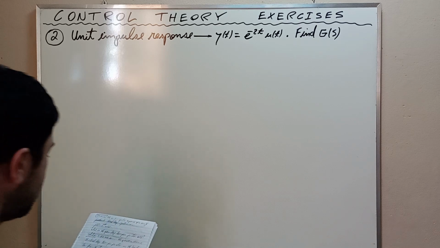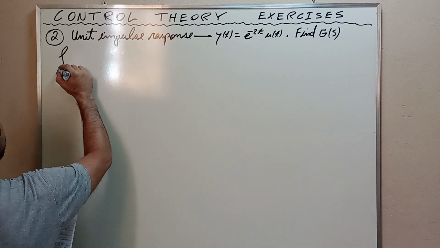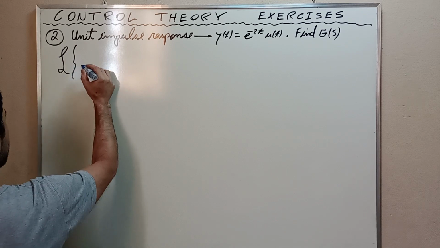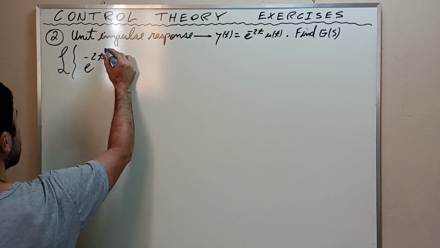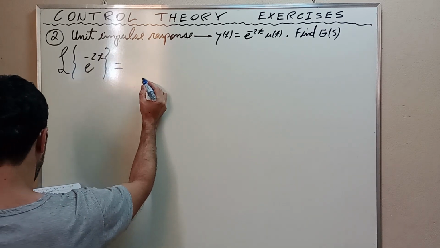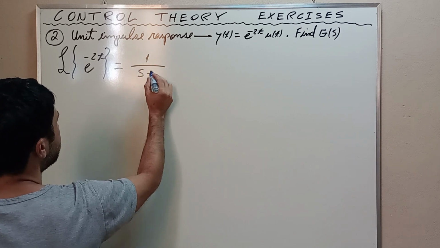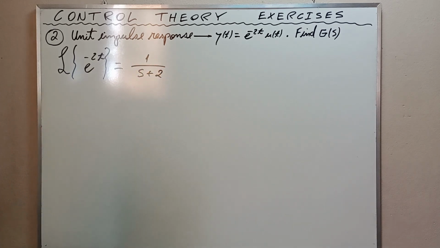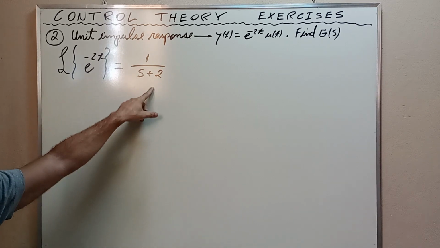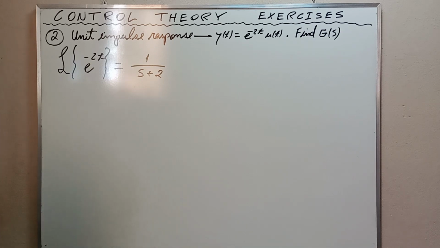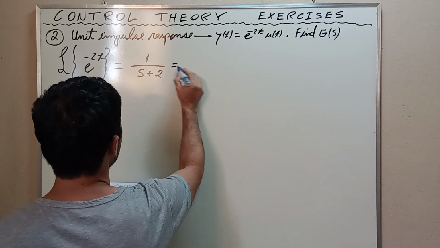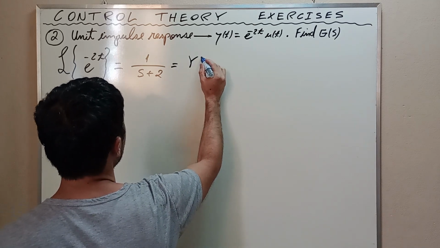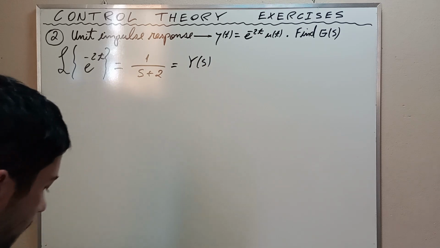Let's understand this. The Laplace transform of e raised to the power negative 2t is equal to 1 over s+2. This is in the time domain, this is the frequency domain. But we understood in exercise 1 that this is equal to Y(s). Why?